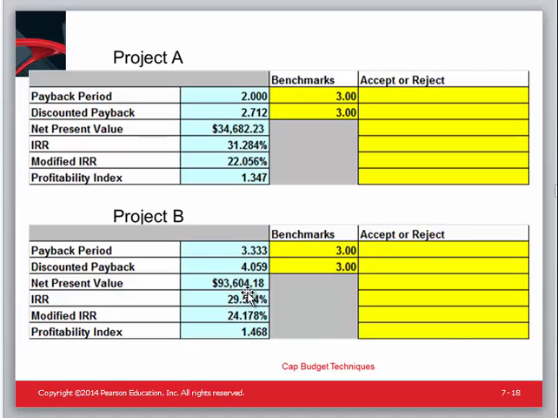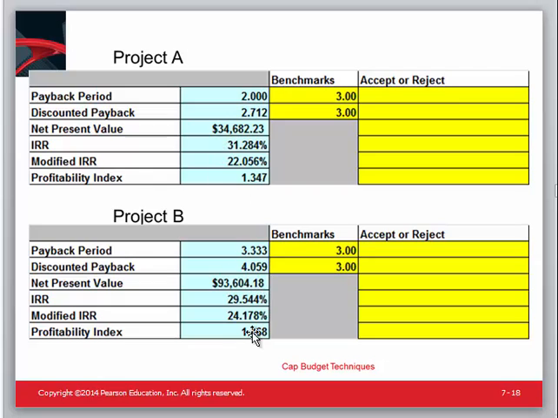According to net present value, you'd want to do both projects because both projects have positive net present values. But if you can only pick one, you'd want to choose project B because it increases the wealth of the company more than what project A does.